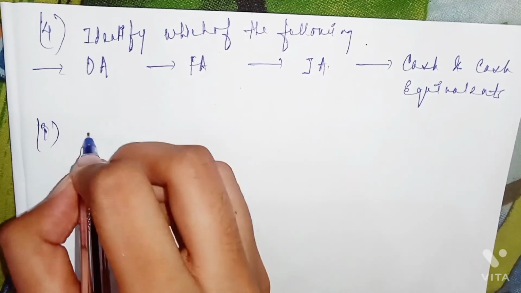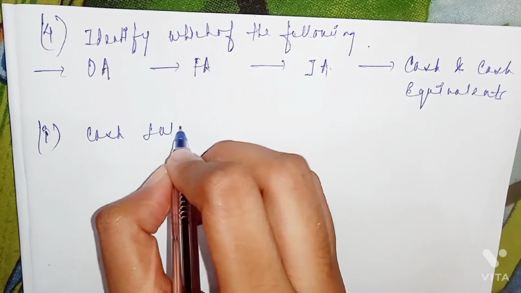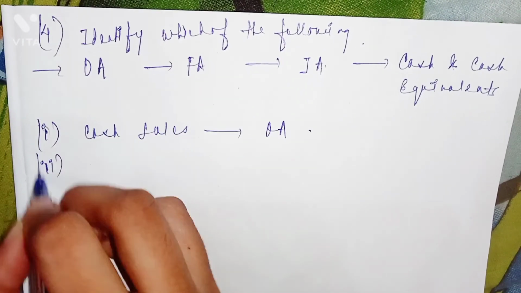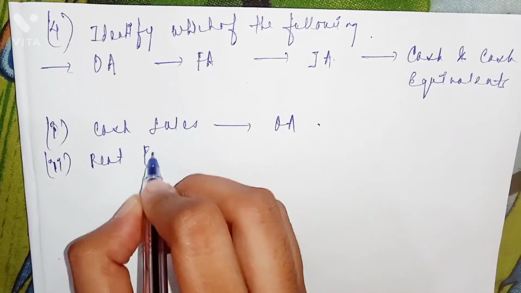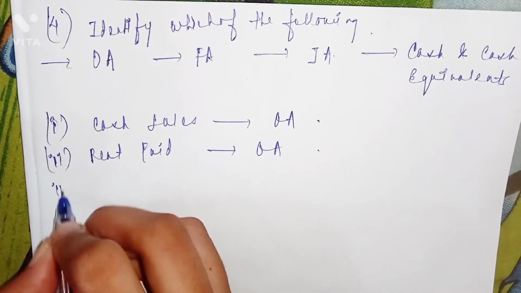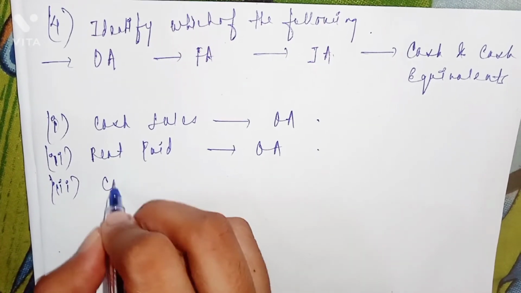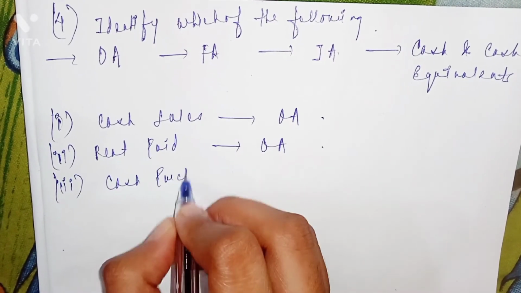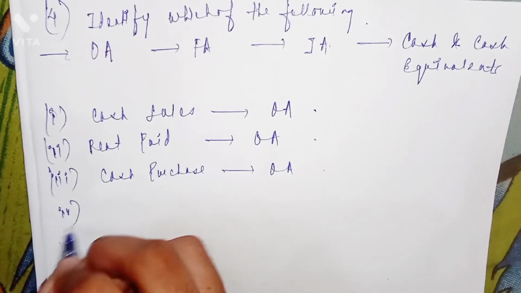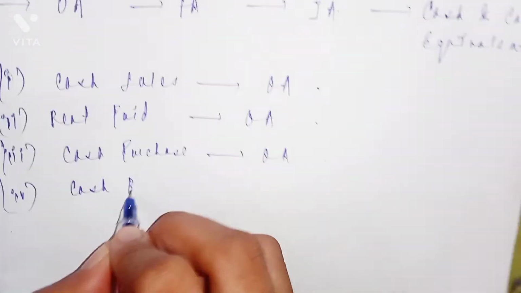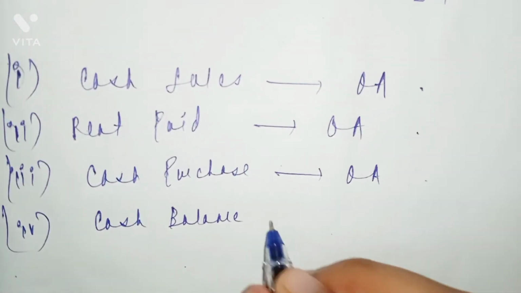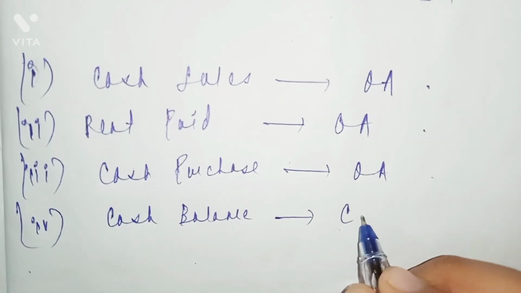My first item is cash sales. So it's very simple, operating activity. Number 2, rent paid. It's also operating activity. Number 3, cash purchase. It's also operating activity. Number 4, cash balance. It's a cash and cash equivalent.